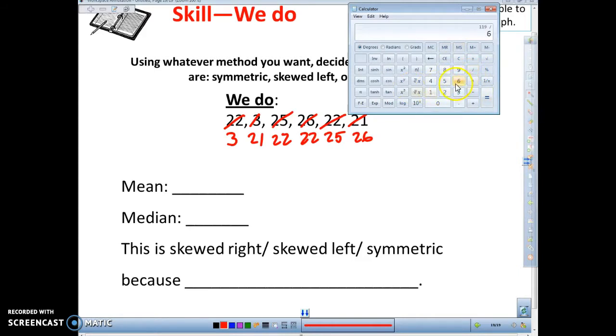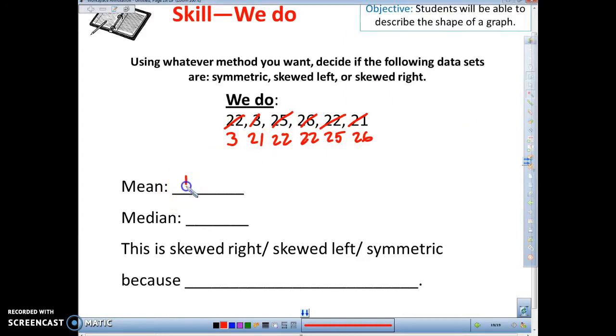And when I divide this by the 6 values that I have, 1, 2, 3, 4, 5, 6, I get 19.83. So my mean is 19.83, and again, I got that from taking all of my values, 119, added them up, and I divided by 6.